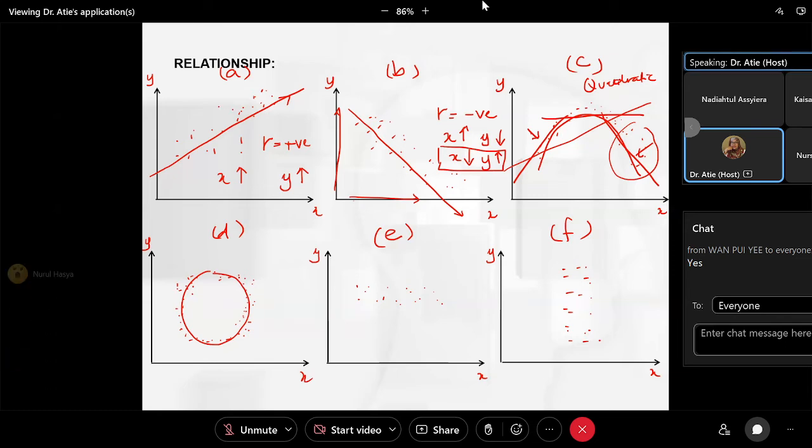Remember, I told you just now, it should be a straight line, and it should have a slope. So in this case, we don't have a straight line. It's only a circle. Therefore, the relationship is zero. There is no relationship between X and Y because the scatter plot formed between them is just a circle. So that's the answer for this one.